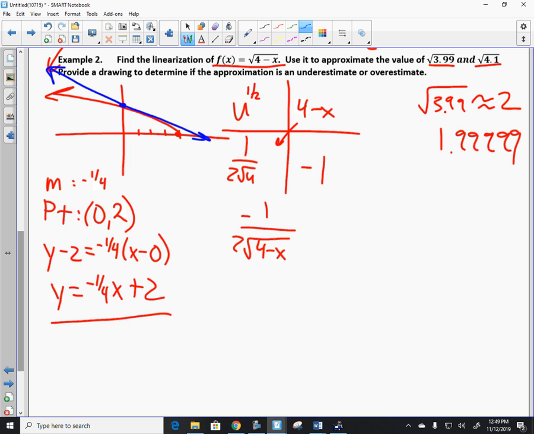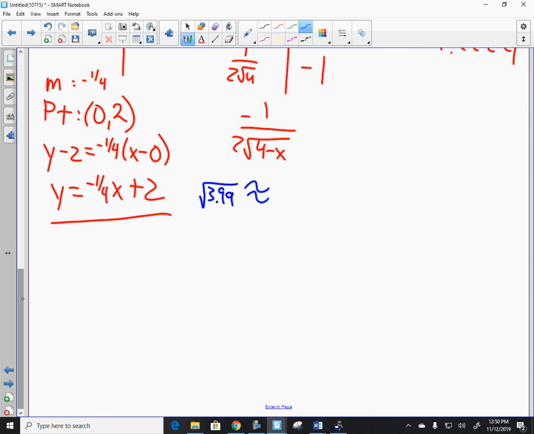So I want to approximate the square root of 3.99. It is approximately equal to, what value would you plug in for x so that you had 3.99? 0.01 or 1 over 100? So I'm going to take this function, -1 over 4, and multiply by 1 over 100, and then add 2.